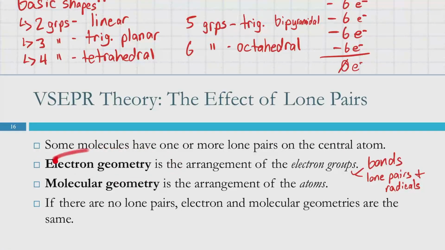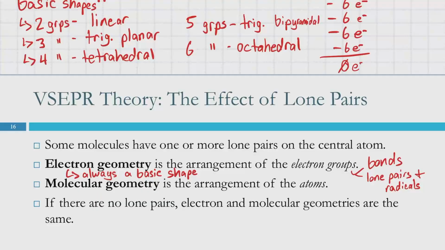That gets us our electron geometry, and that's always going to be one of our basic shapes. So it's going to be linear, trigonal planar, tetrahedral, trigonal bipyramidal, or octahedral.